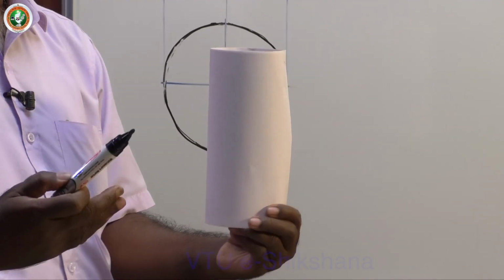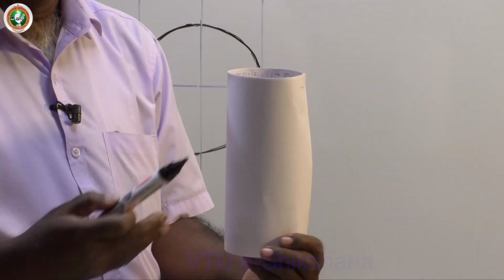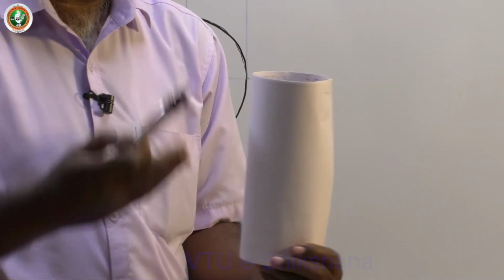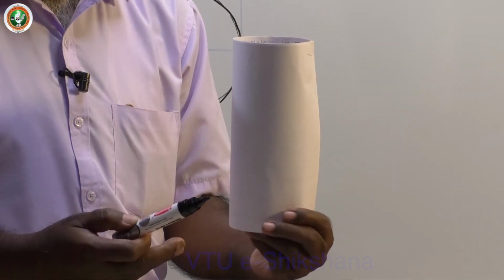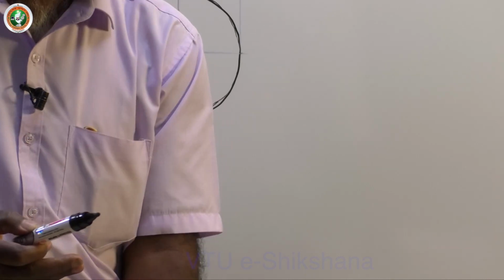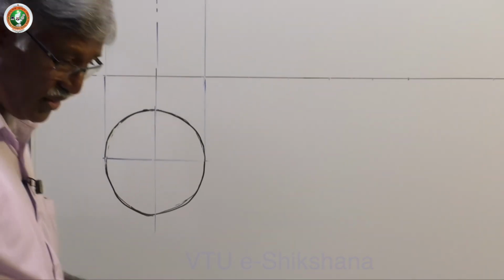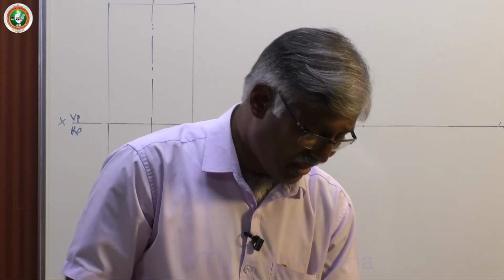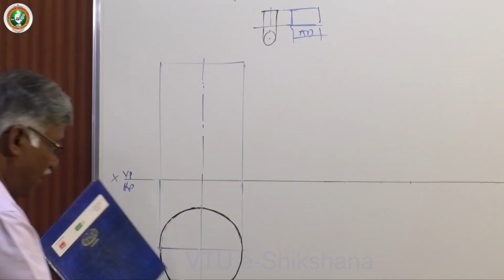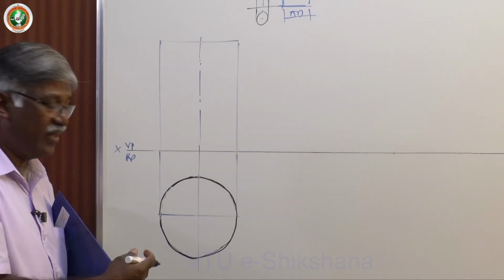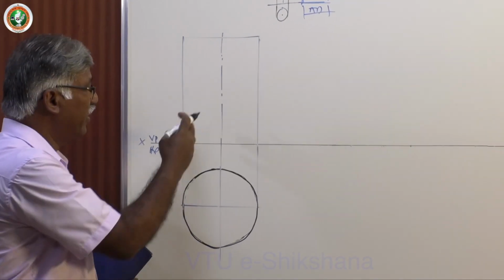In case of prisms, we say top edge, extreme top corner or extreme base corner, like that. Here it is a point reference. Let me draw a line inclined at 45°.